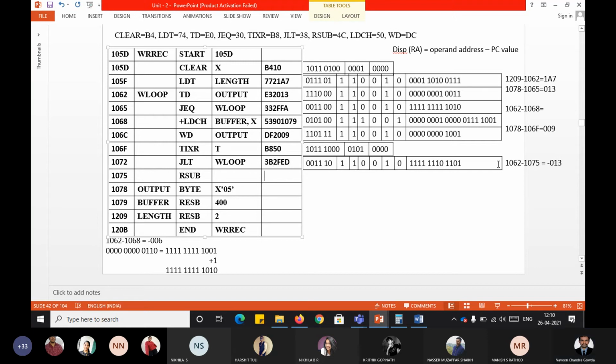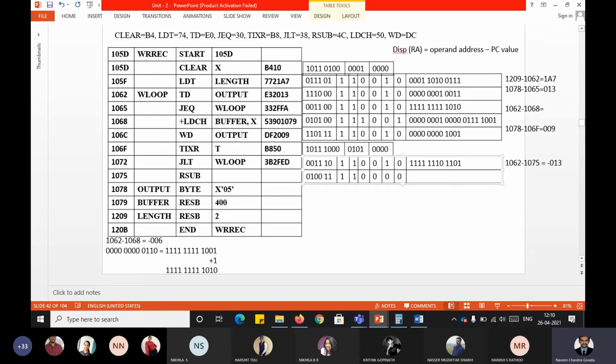Next instruction is RSUB. What is the object code for RSUB? It is 4C, 4 and C is 11. N and I are 1 and 1. X is 0. B and P are 0. And the format is 3, so E is also 0. And what is the address?